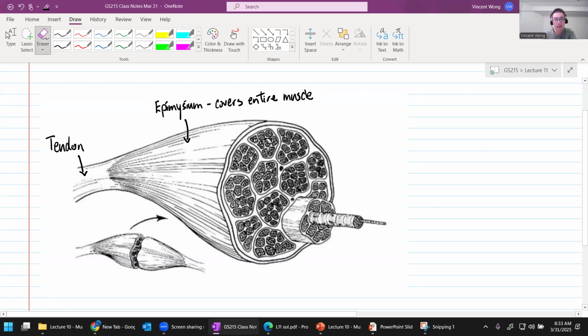Now, one of these things, I'm going to outline it for you. This thing right here, which is basically this whole thing. One of these things is called a fascicle. A fascicle is covered by perimysium.